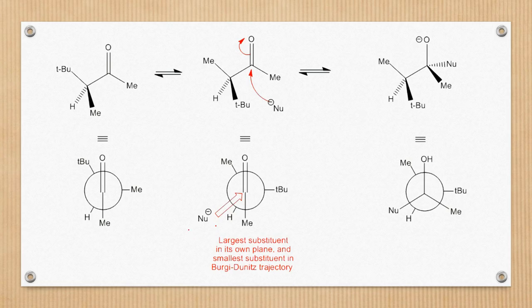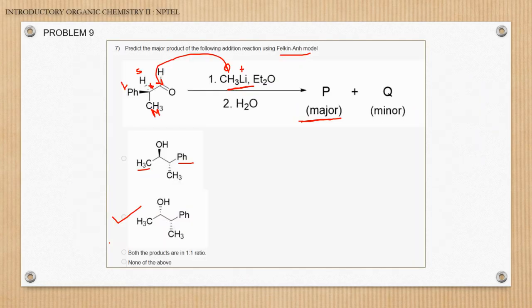The trajectory followed by the nucleophile is known as the Burgi-Dunitz trajectory. That is why it should be facing the small group while coming to the carbonyl carbon, and this is the major stabilized product. That is why we are saying that the major product would be that.